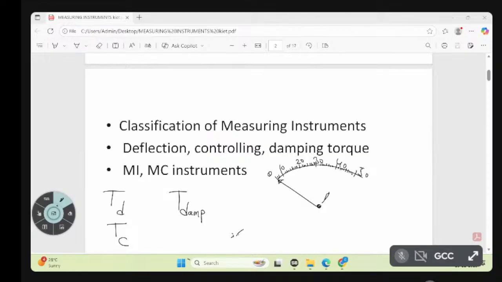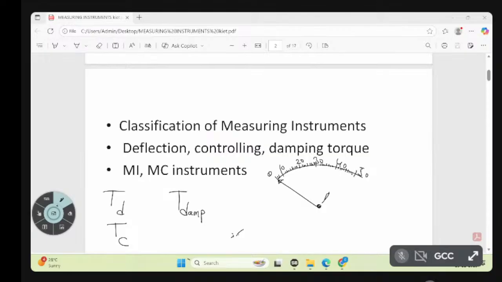The definition for 2 marks: the torque required to maintain the pointer in a steady state position is known as controlling torque. One is deflecting torque, the other one is controlling torque. The other one is called damping torque.